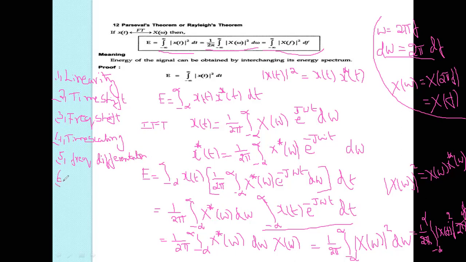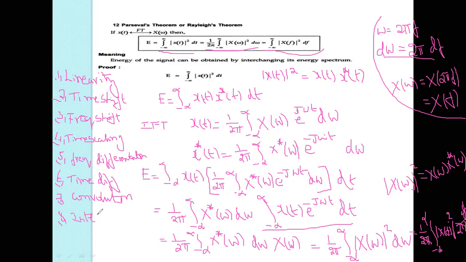And the sixth one is time differentiation property. And the seventh one, convolution property. And the eighth one is integration property.